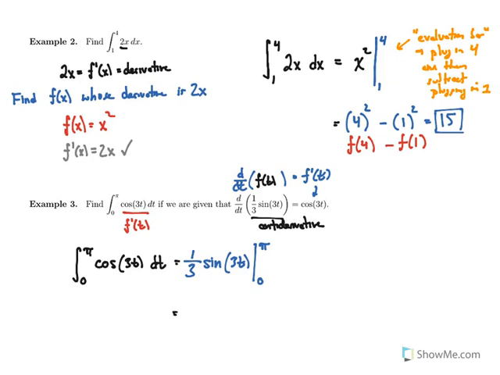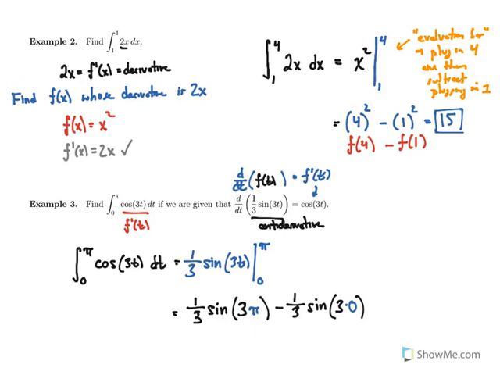So that evaluation bar means that we are going to plug in pi for t, and then we're going to take that same function and subtract off plugging in 0.